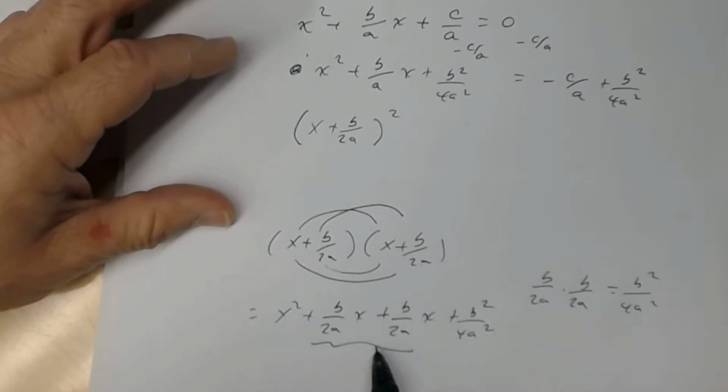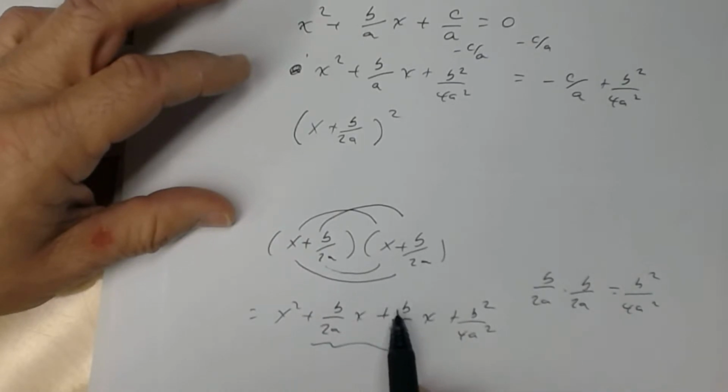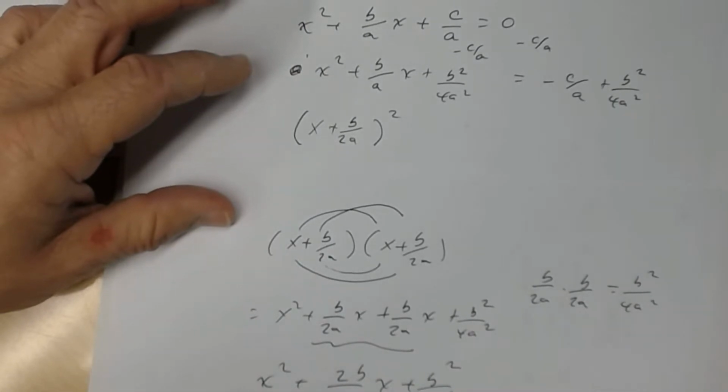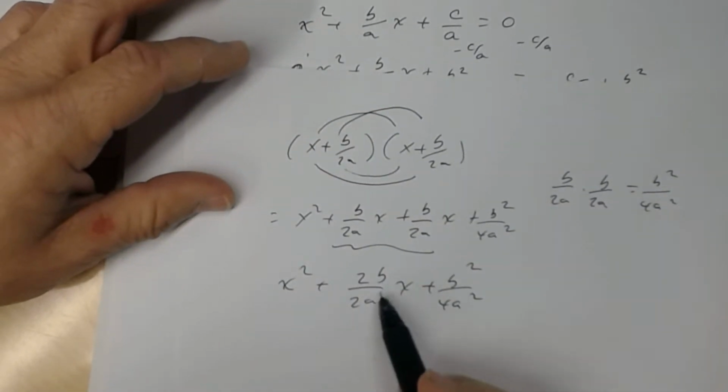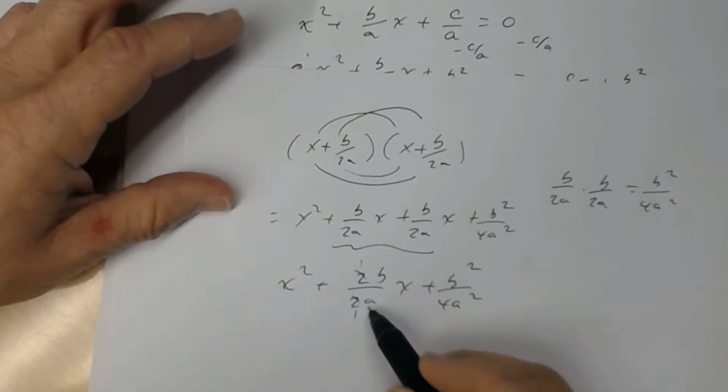Combining like terms, the outer and inner, since the denominators are the same, b plus b is 2b. So I get x squared plus 2b divided by 2a x plus b squared divided by 4a squared. And then notice that 2b divided by 2a, when I reduce the 2's, I get b divided by a x.